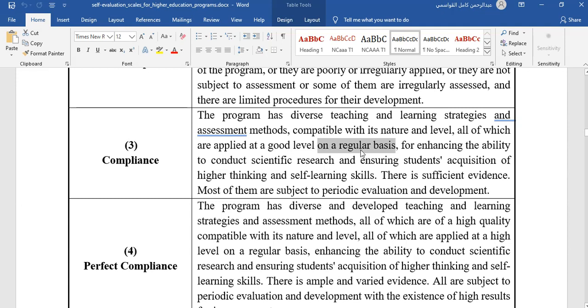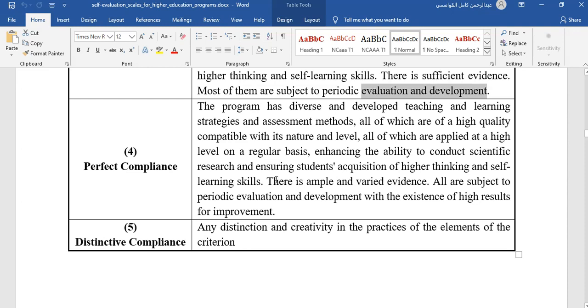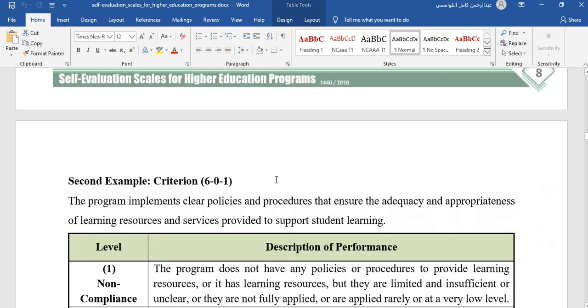Also there is sufficient evidence and there is evaluation and development. So we have the main keywords, which means we are at level number 3. So I can evaluate myself by this level. And of course, the same for all levels.